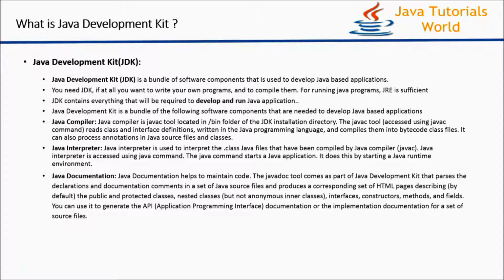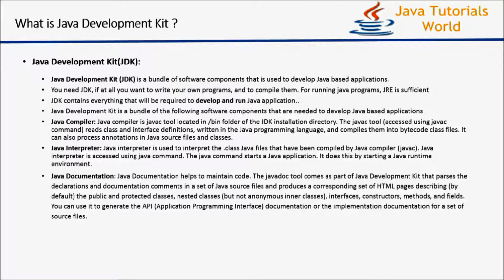First, we will start with the Java compiler. We can find the Java compiler if we go to the Java installation directory. Inside it, if we go to a folder called bin, we can find the Java compiler there.